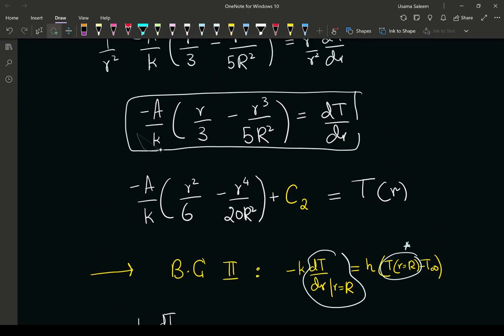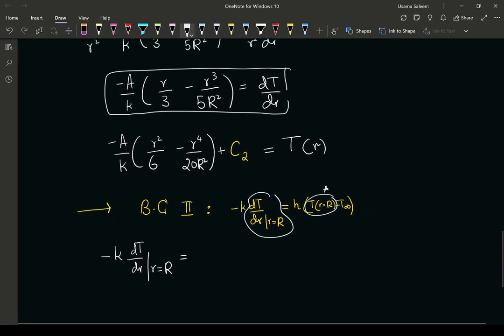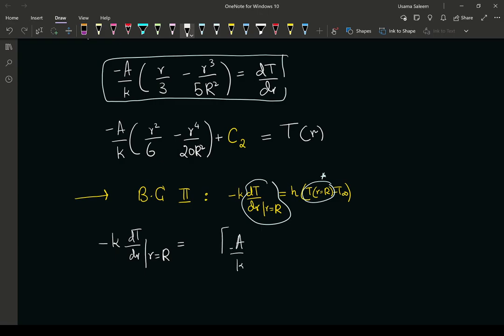Let me just, no, I'm not going to copy that. I'm just going to start fresh because my tablet can be a piece of work sometimes. So negative a over k times capital R over 3 minus r cubed over 5r squared. And as you can see, this cancels out.